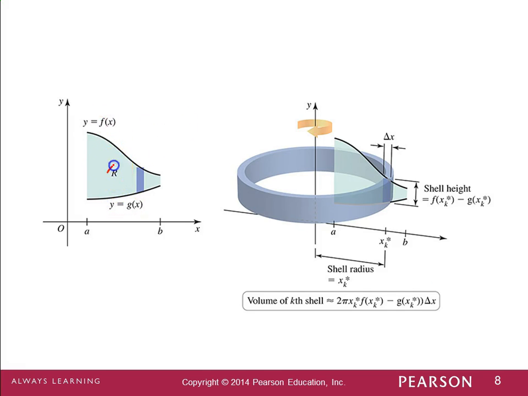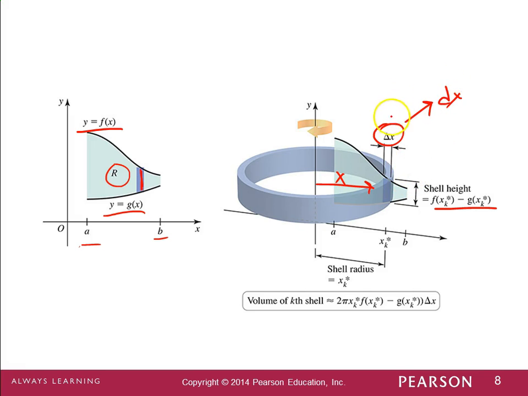If we have this region R here that is bound by f of x and g of x from a to b, we can look at what the height of this cylindrical shell is. The height is just going to be the difference of f of x and g of x. The radius is still that x value, and the width is still that delta x that approaches dx.